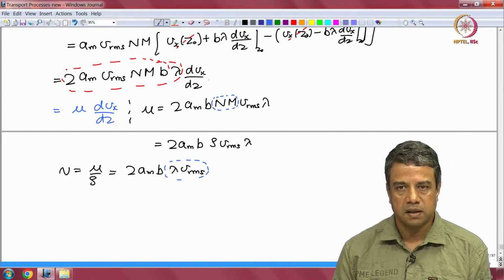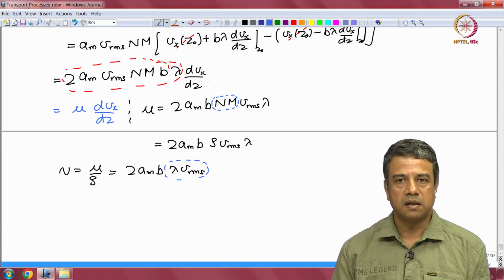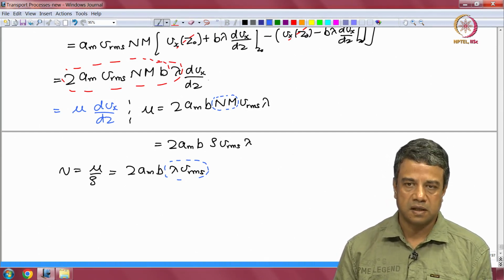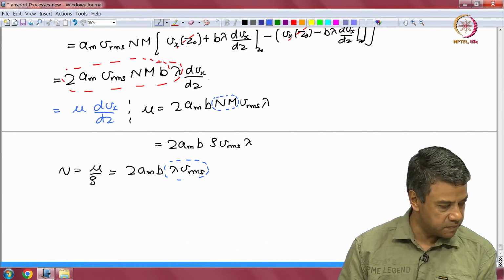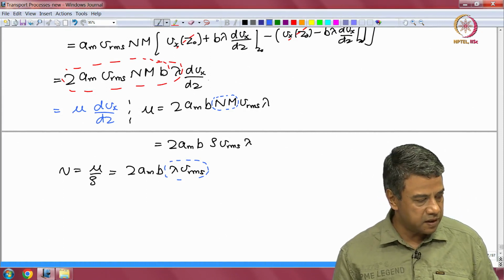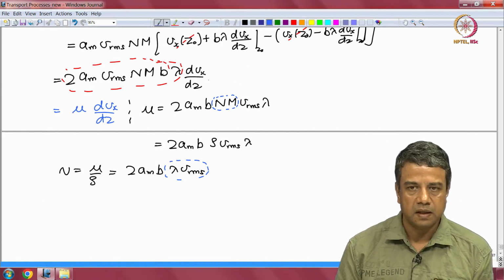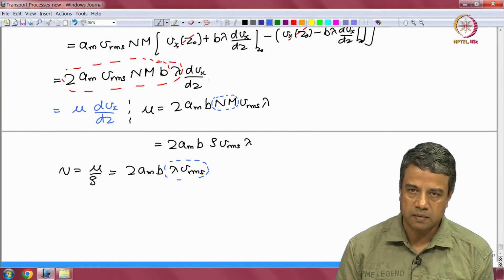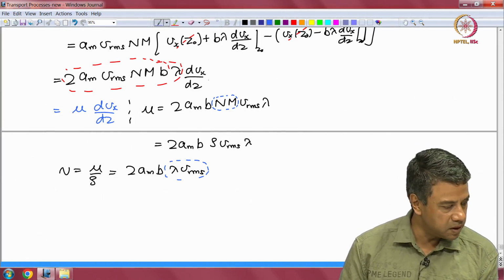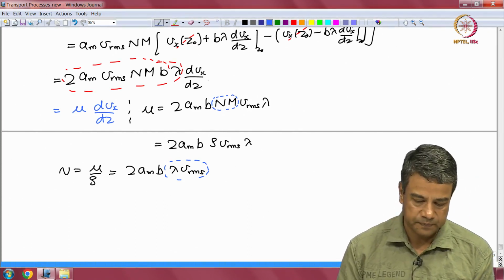In a gas, whether it is diffusion of mass, momentum or energy, diffusion takes place by physical transport of molecules across the surface. Therefore, the thermal diffusivity, the mass diffusivity and the momentum diffusivity all have the same dependence on the mean free path and the molecular velocity, up to a multiplicative constant.